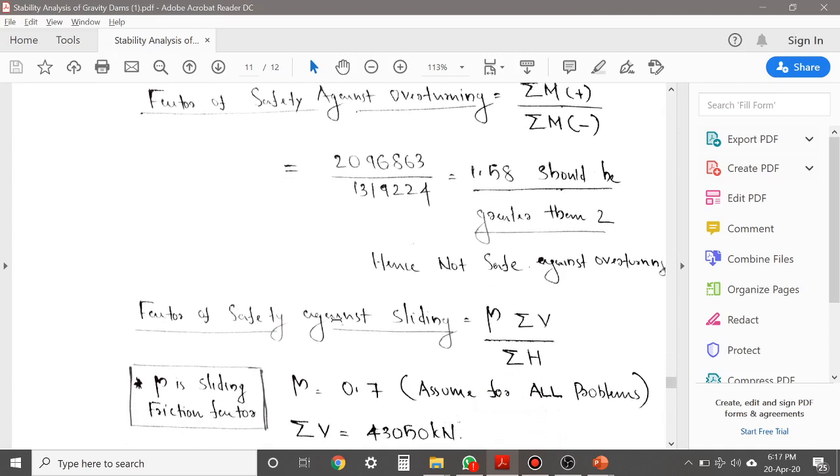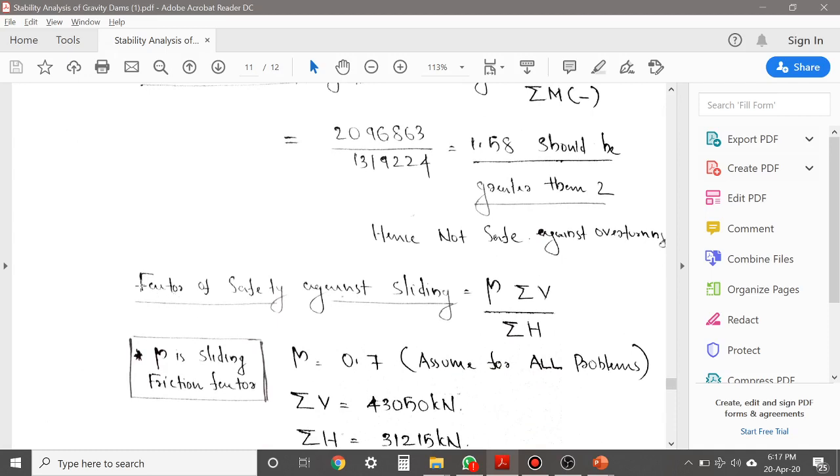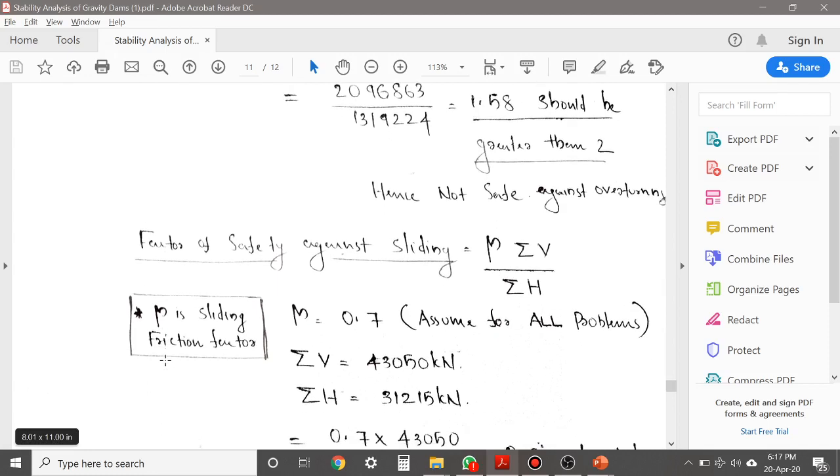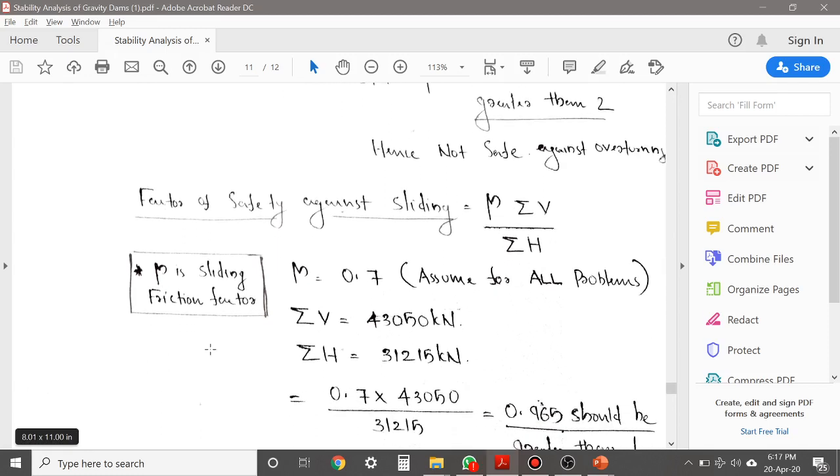Next is factor of safety against sliding. This is the equation mu into sigma V divided by sigma H, where mu is the sliding friction factor. You can take mu value as 0.7. If it is given in the question, you have to take that particular value. Otherwise, you memorize this value and you can take mu as 0.7 for all the problems.